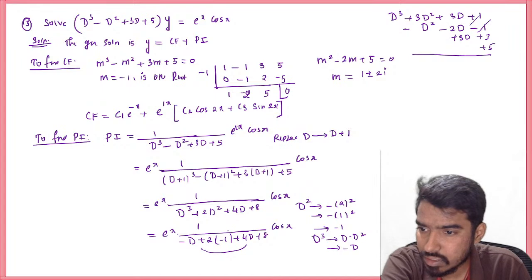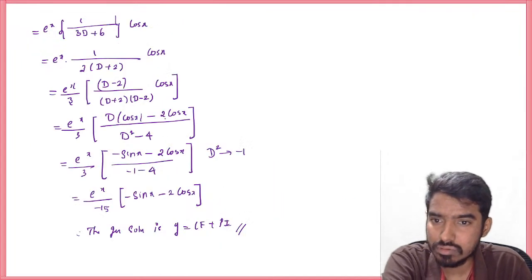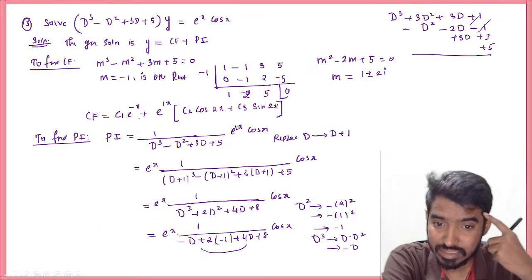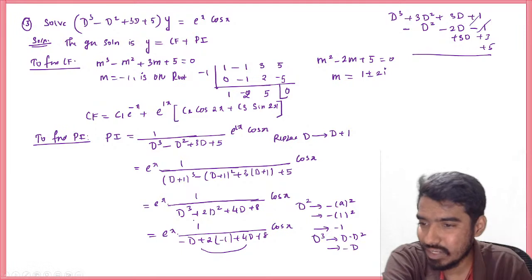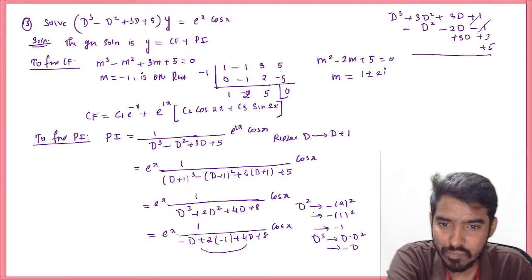When replacing this one, minus 1. In this approach, you are telling by replacing d square is equal to minus 1. Here I have replaced d square. Here I have replaced this.